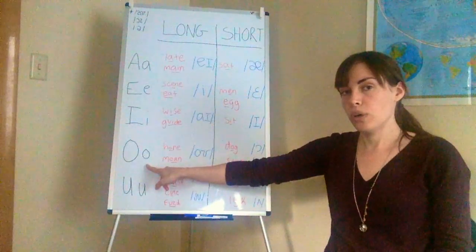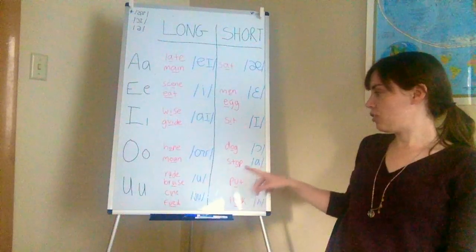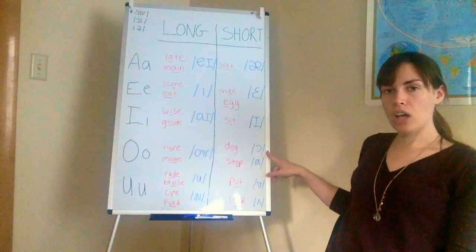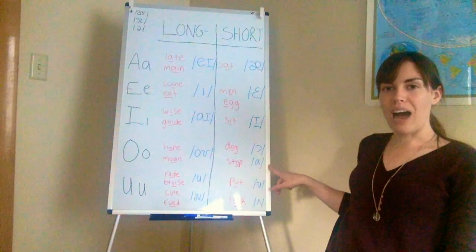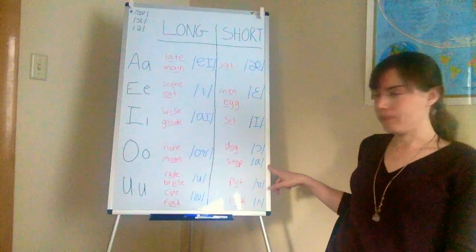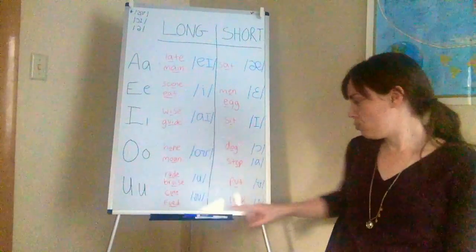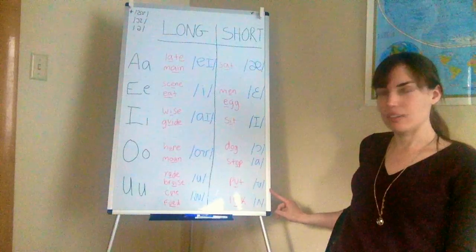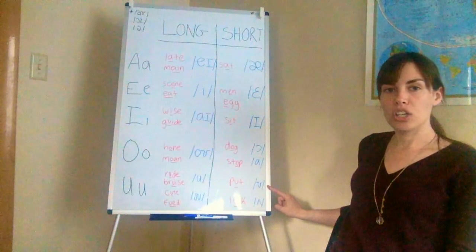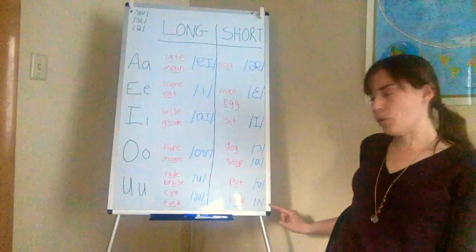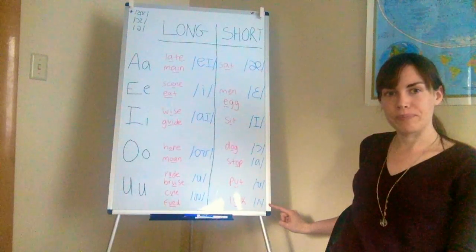For the letter O, the short version, there are actually 2, is aw, like in dog, or ah, like in stop. For the letter U, again, there's 2 short versions. It's either like in put, or like in luck.